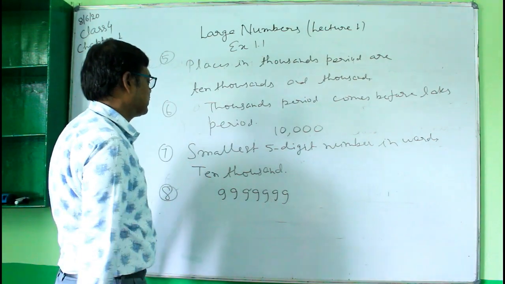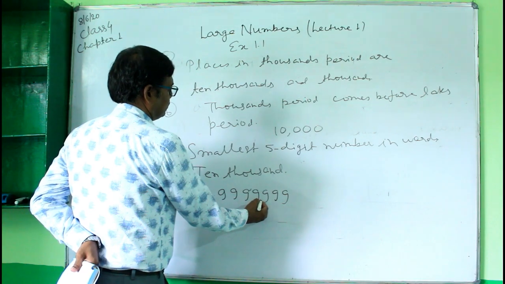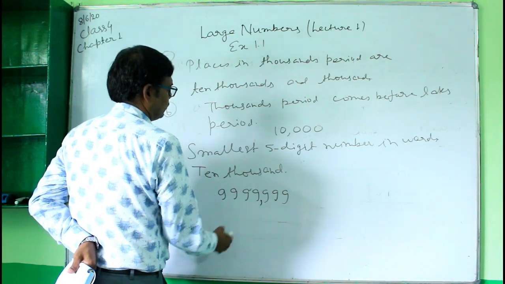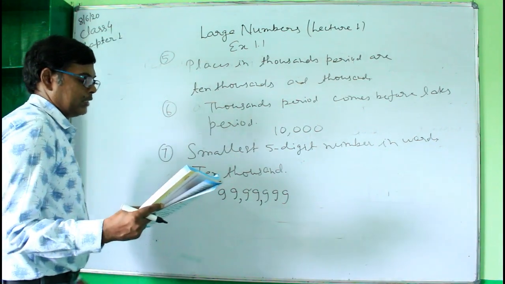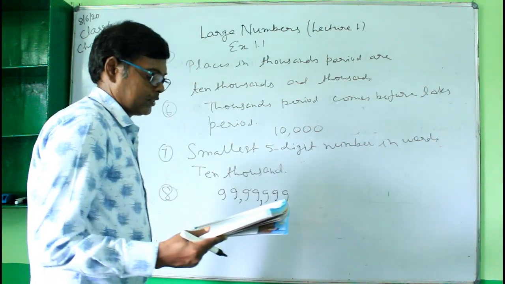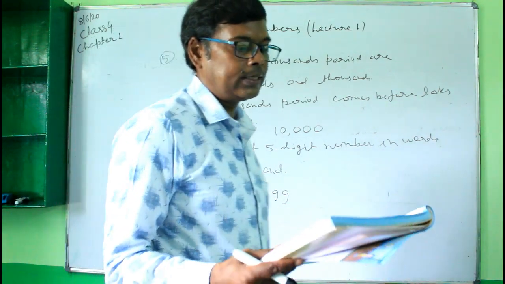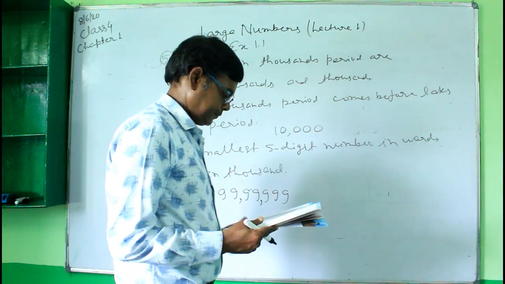So this is the largest 7-digit number, and then mark the periods. One will be here and another will be here. So this is the greatest 7-digit number in figures. Okay, whenever you are given that write the number in figures, it means write the numerals only.